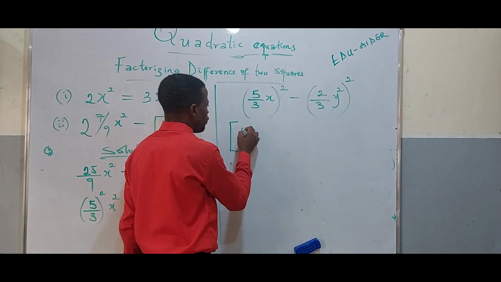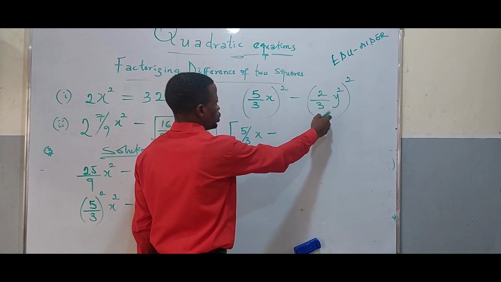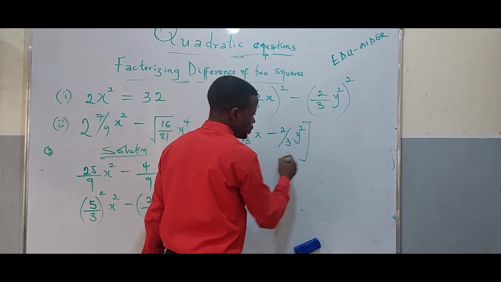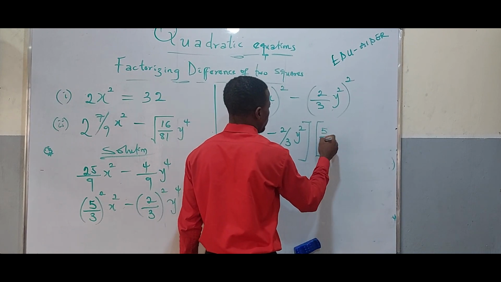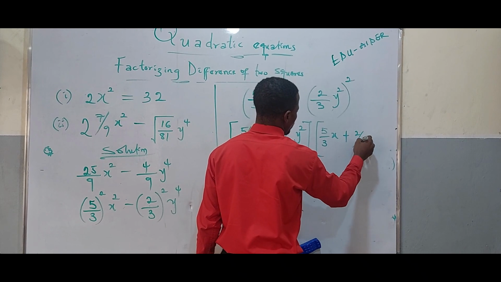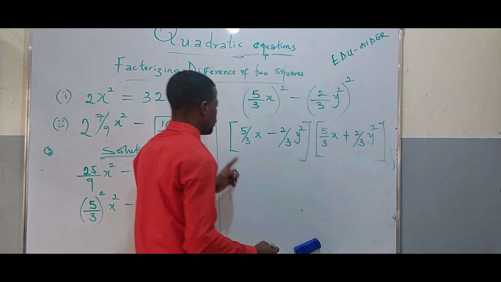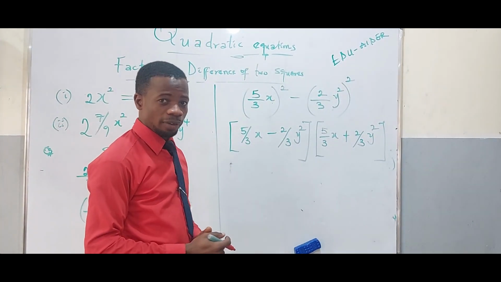So we have 5 upon 3 x minus the second term, 2 upon 3 y squared, close the bracket, then open another bracket, the first term, 5 upon 3 x plus 2 upon 3 y squared. We've written both first and second term. We have factorized. Well, we can simplify further, right?